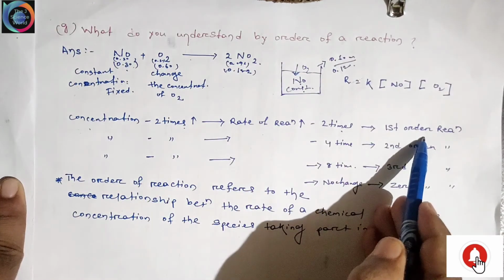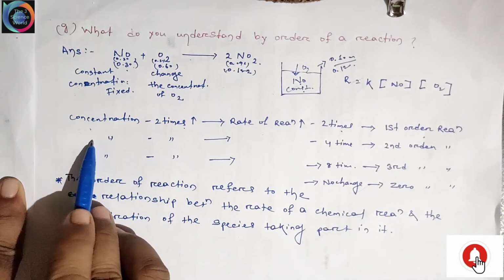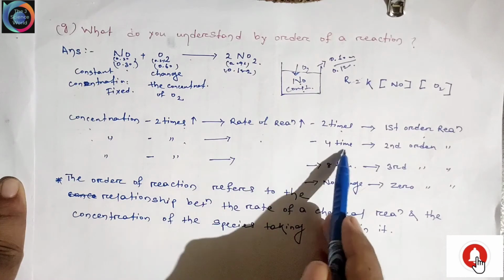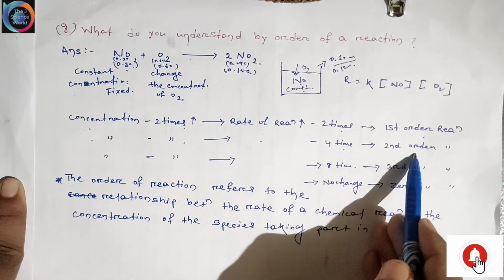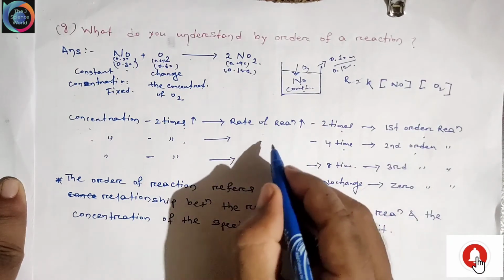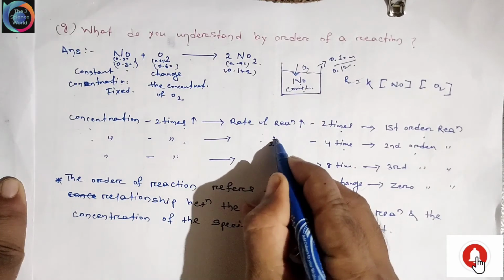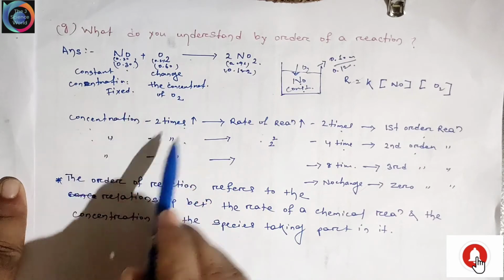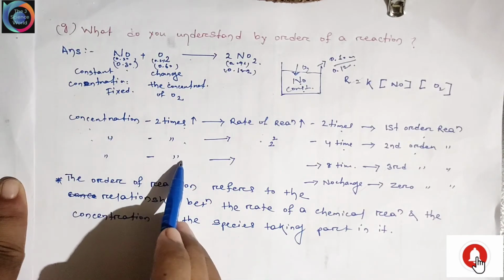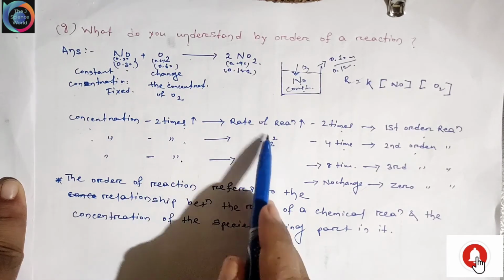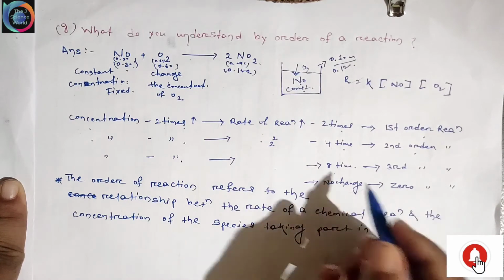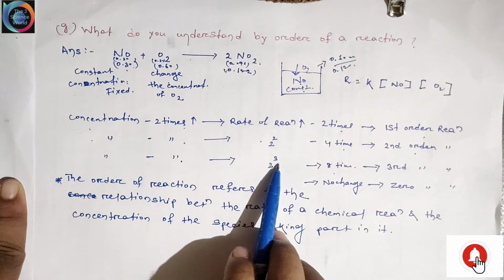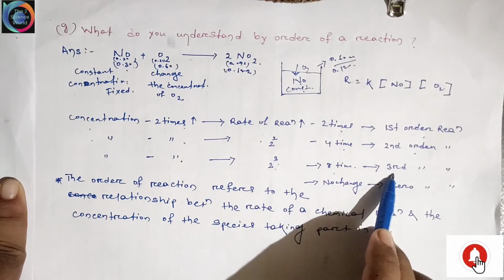This is our first order reaction. If the concentration increases 2 times but the rate of reaction increases 4 times, this is our second order reaction, meaning 2 squared. When the concentration of O2 increases 2 times but the rate of reaction increases 8 times, meaning 2 to the power 3, this is our third order reaction.